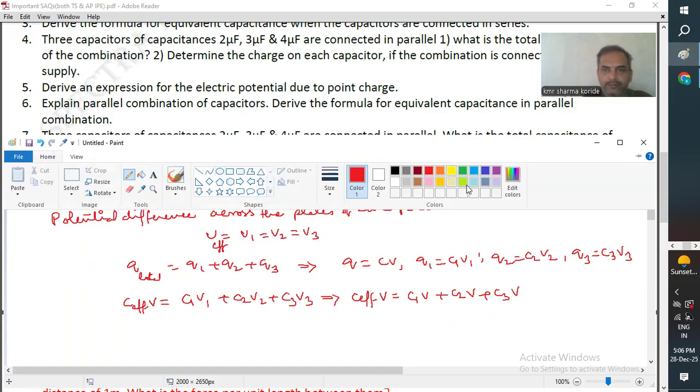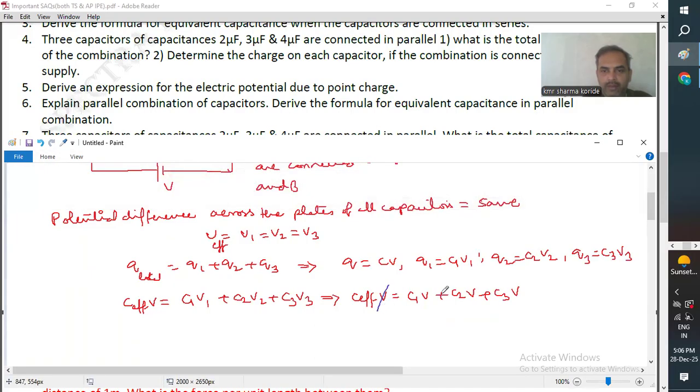So V cancelled, right? So the equation for effective capacitance is C effective equal to C1 plus C2 plus C3.